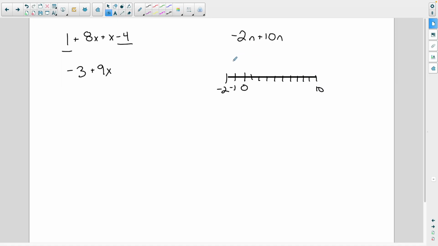All right, so we start off at negative 2 n's, and we have to add 10. So go 1, 2, 3, 4, 5, 6, 7, 8, 9, 10. This is 8. So this means we have 8 n's. Remember, we can also write this as 10n minus 2n, if that helps.